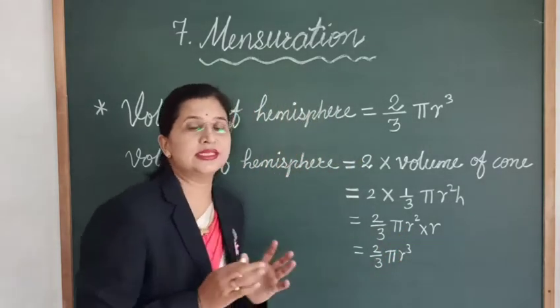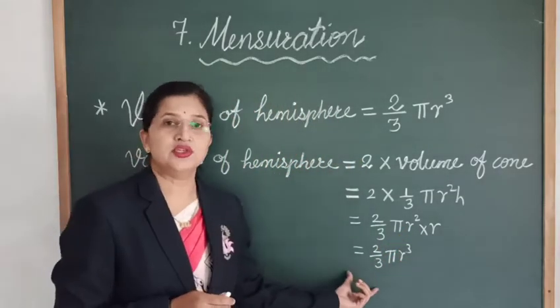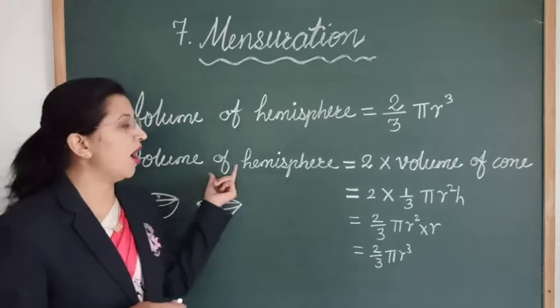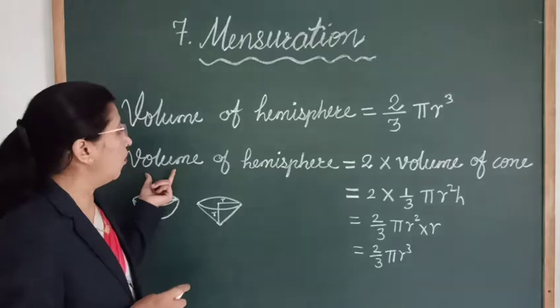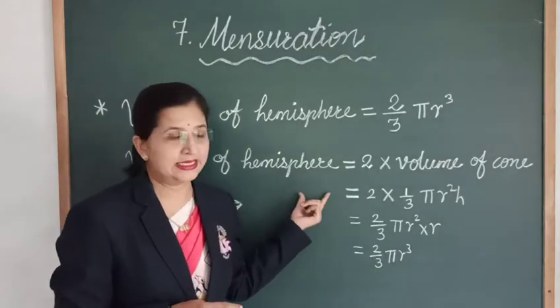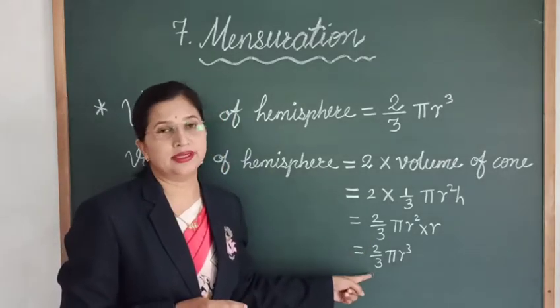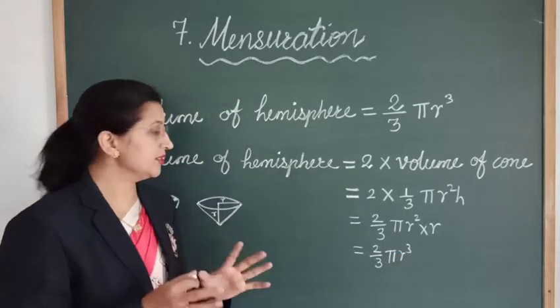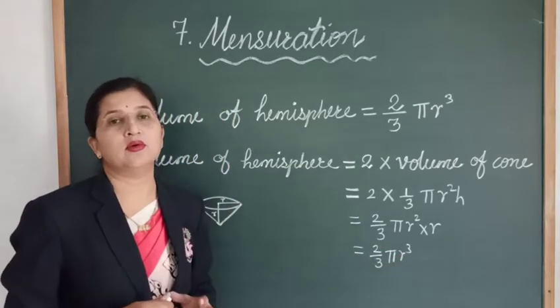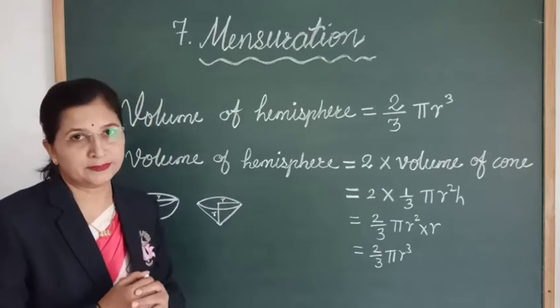Dear students, this is the formula to find the volume of hemisphere: volume of hemisphere is equal to 2 upon 3 pi r cube. So by using this formula, now let's find out the volume of sphere.